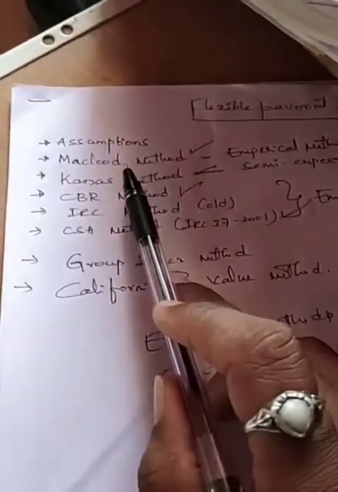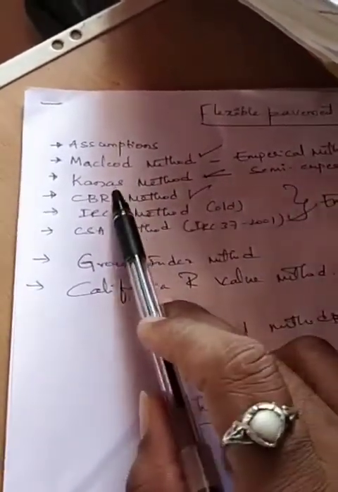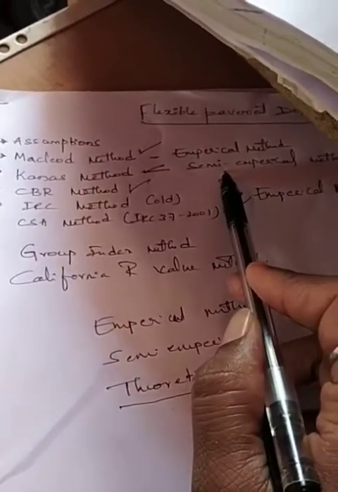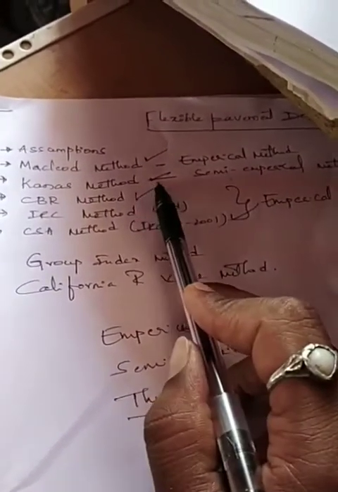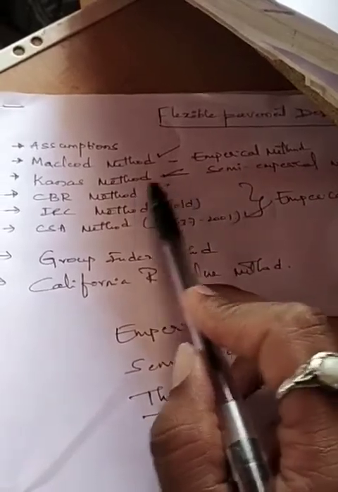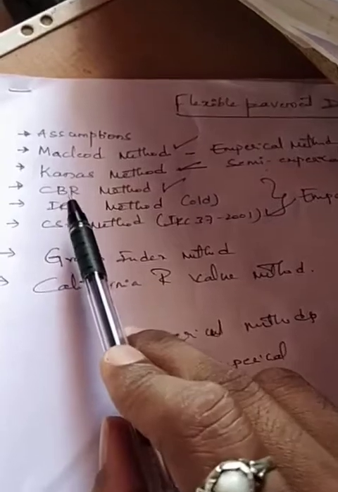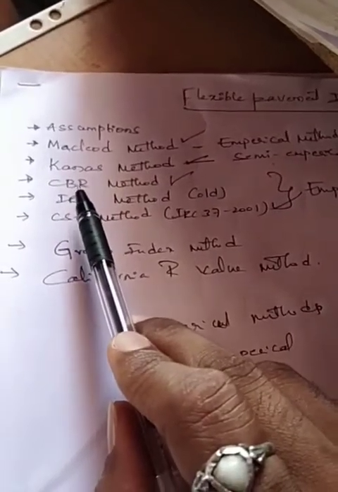Here Macleod method is empirical. Khanna's method is semi-empirical. This is also called the triaxial method. Based on the triaxial test, we will be designing the pavement. Then we have the CBR method, based on test results of CBR, that is the California bearing ratio test.